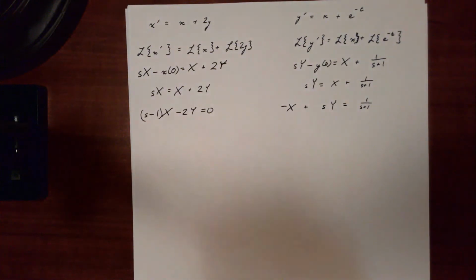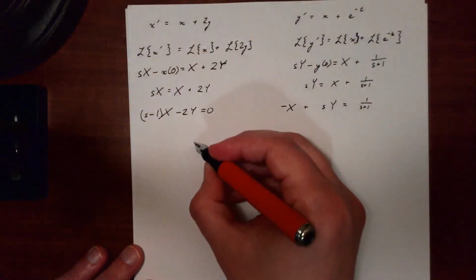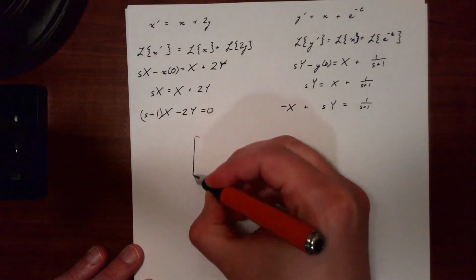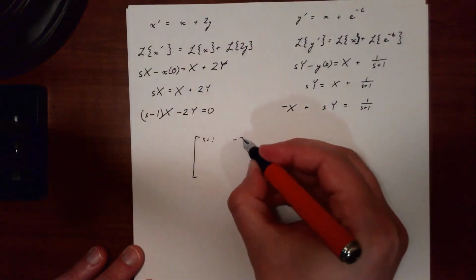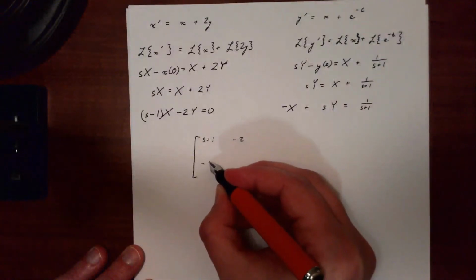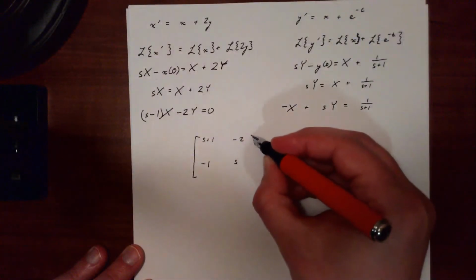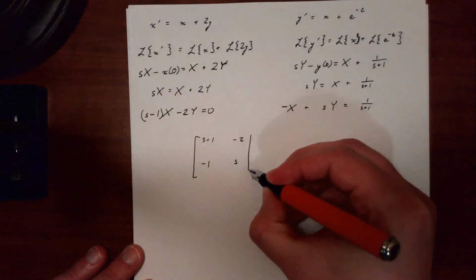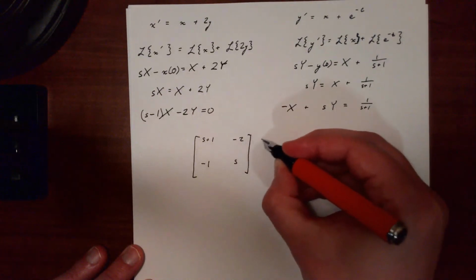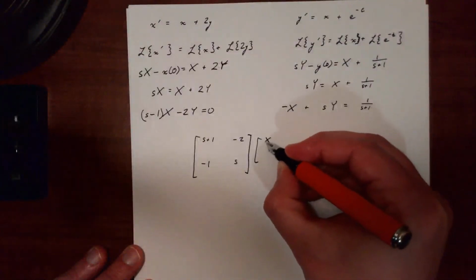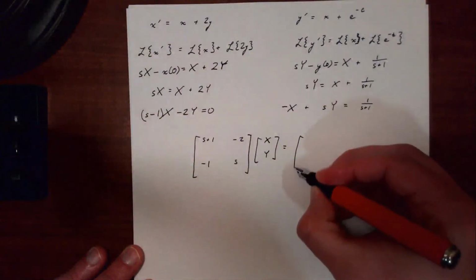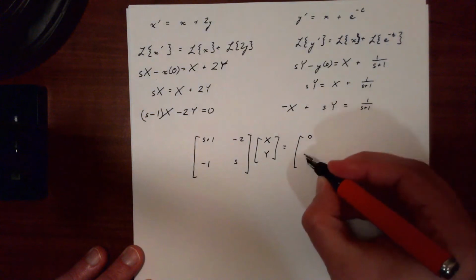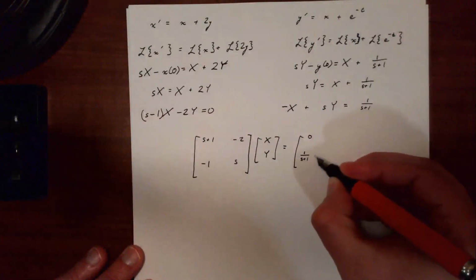And so if I then want to turn this into a matrix, it's going to be a matrix s minus 1, negative 2, negative 1, s times X and Y is going to equal then 0 and 1 over s plus 1.